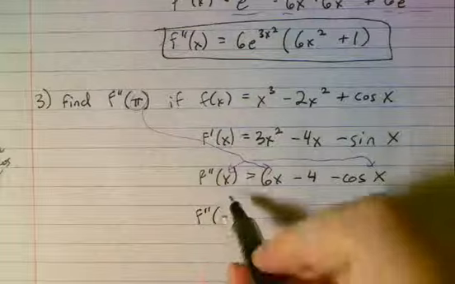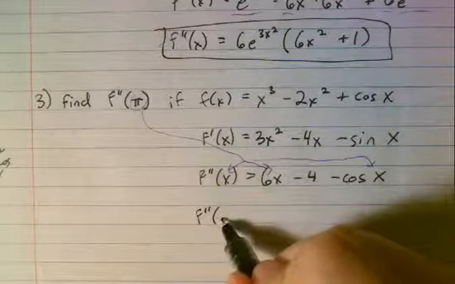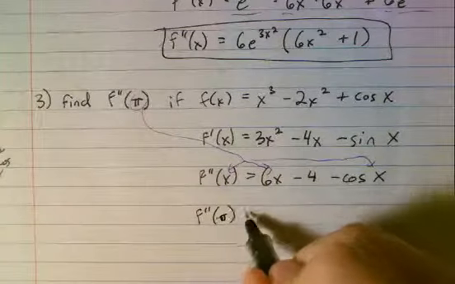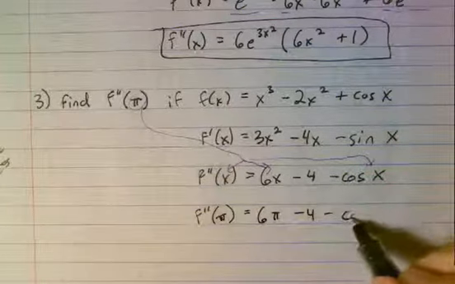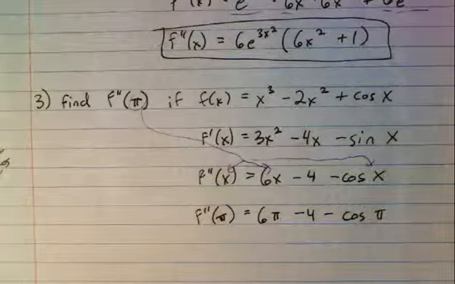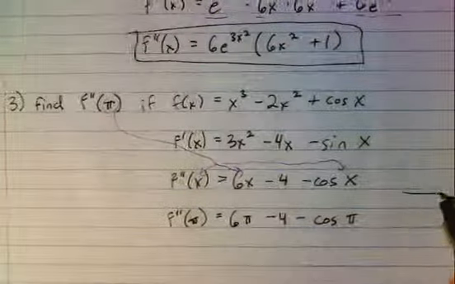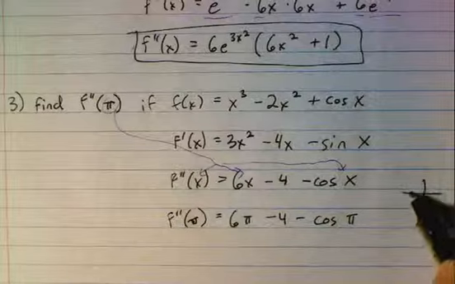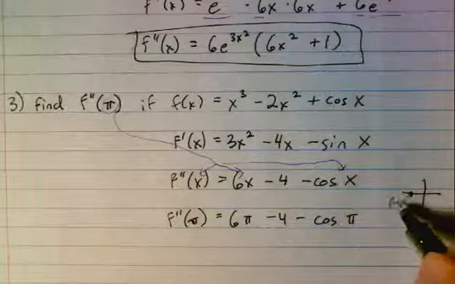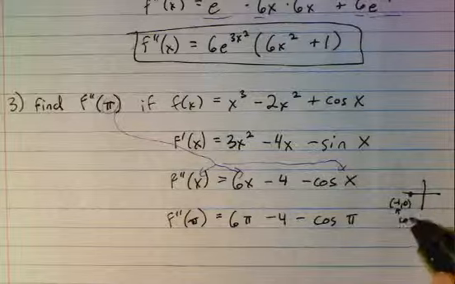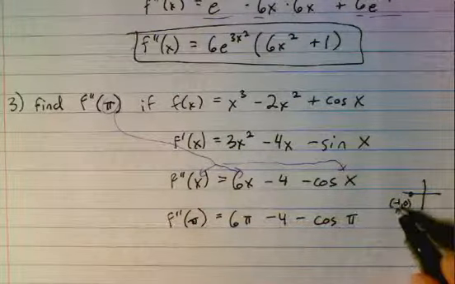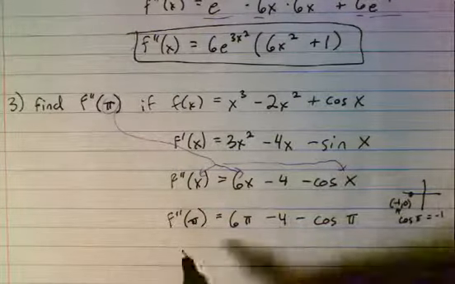So the second derivative of f at pi is 6 pi minus 4 minus the cosine of pi. We'll figure out what that is right over here. So pi is right over there. It's negative 1 comma 0. Cosine of pi, that's the x coordinate, so that's negative 1.